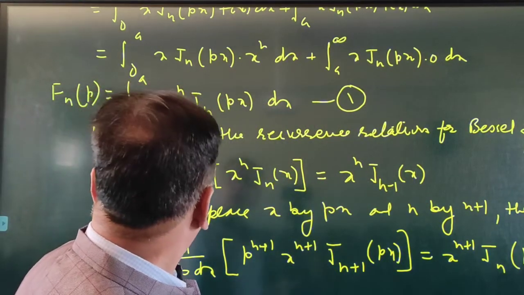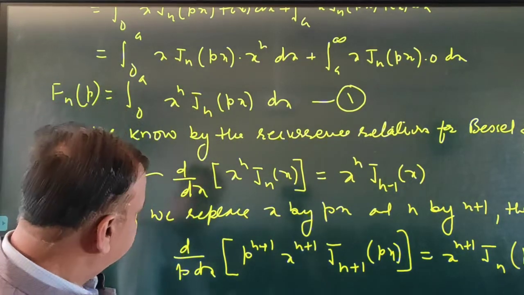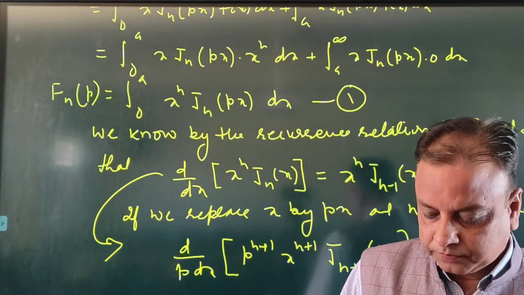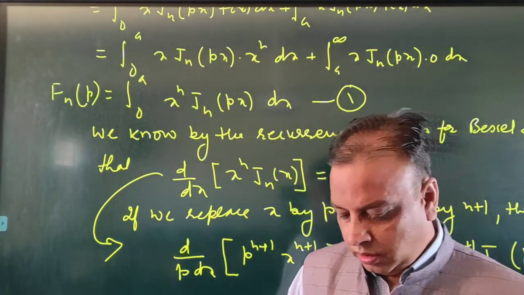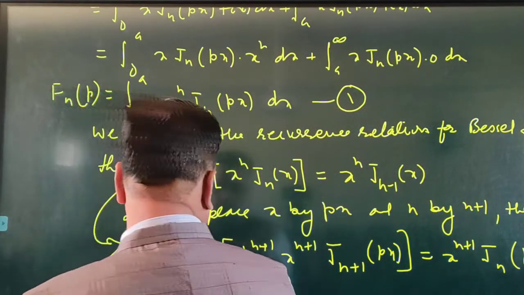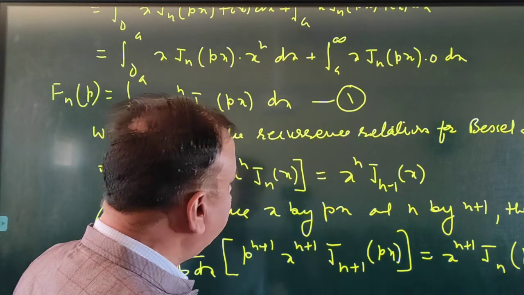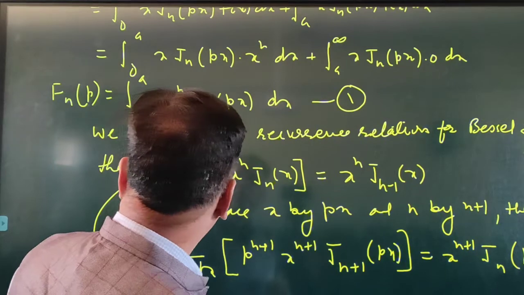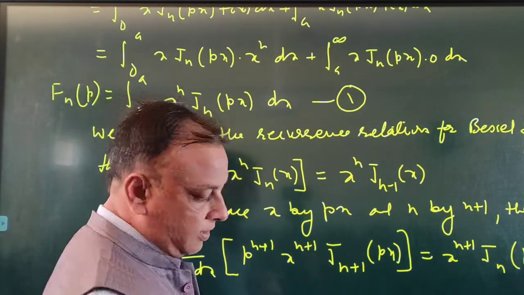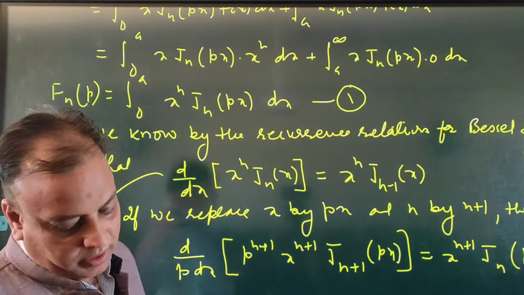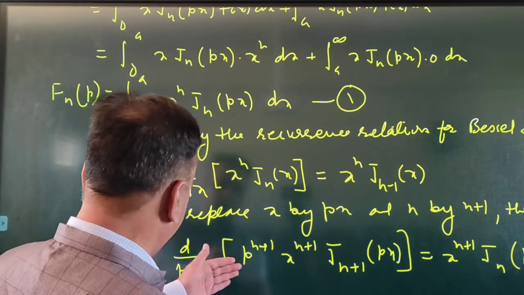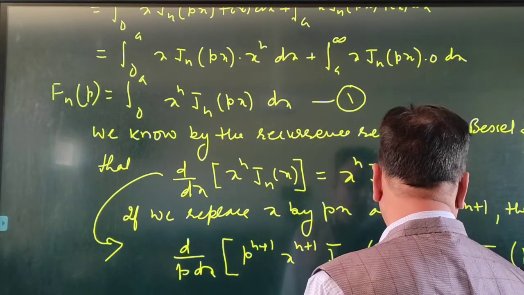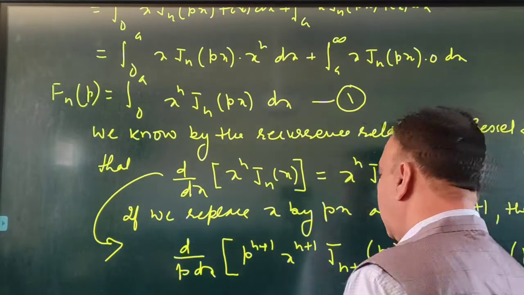If we replace x by px and n by n plus 1 in the result, then we get this result. On the right hand side, this is p raised to n plus 1 also, as n is replaced by n plus 1.